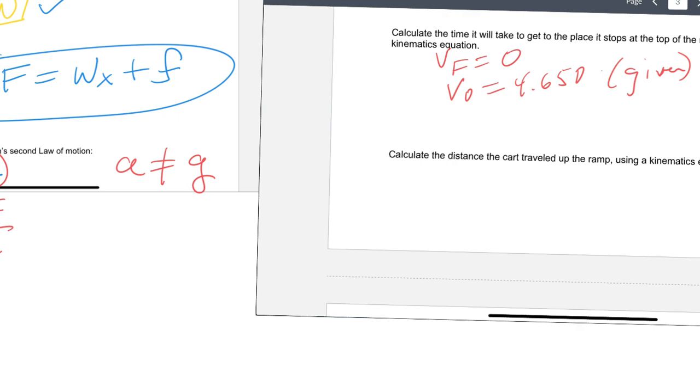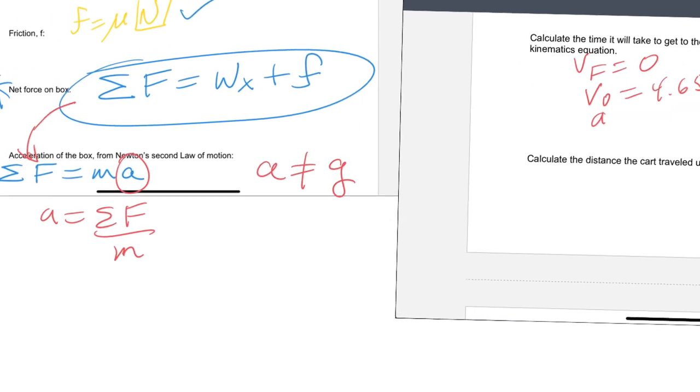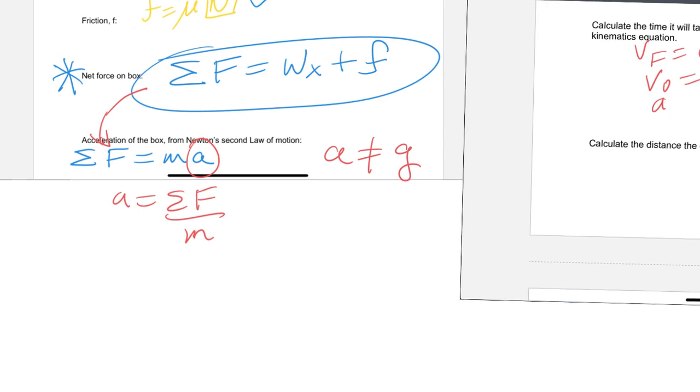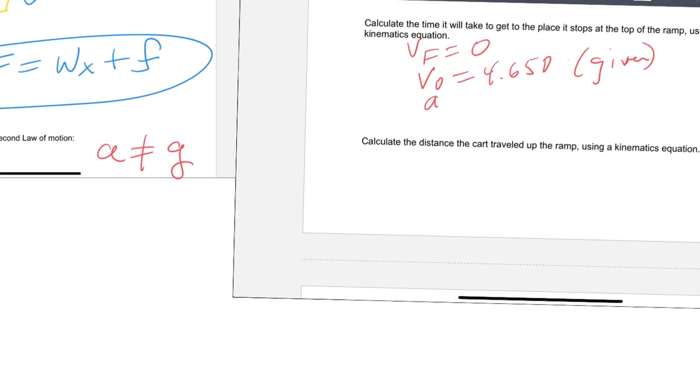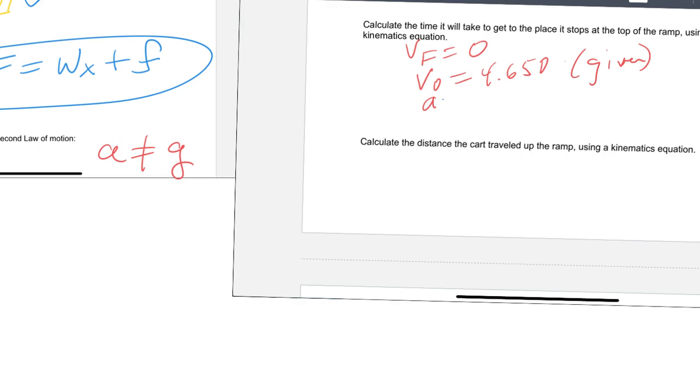Okay, what else do I know? I know the A. That was just solved right here. So you got the acceleration calculated before.